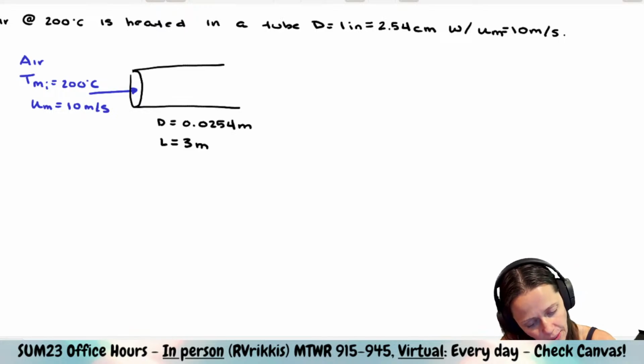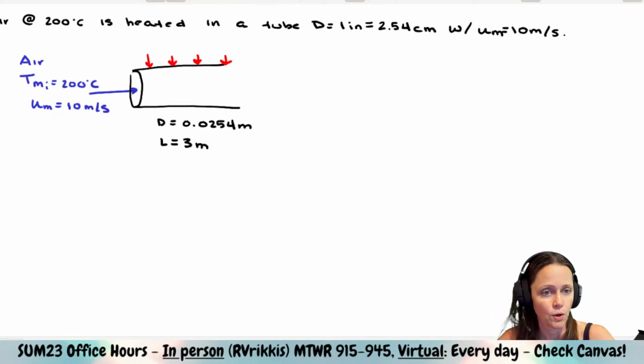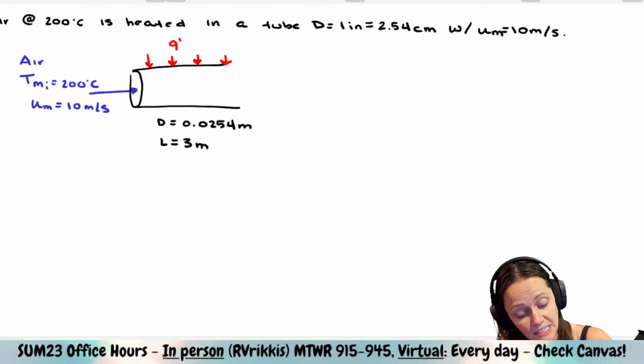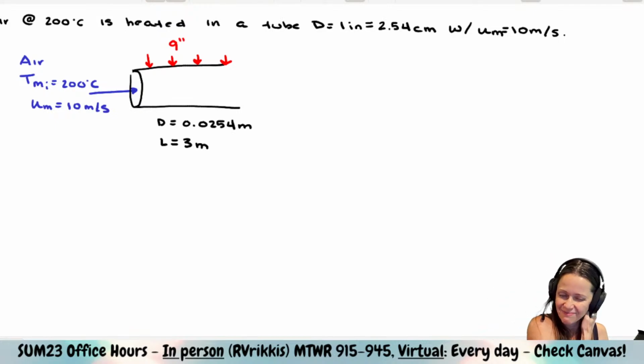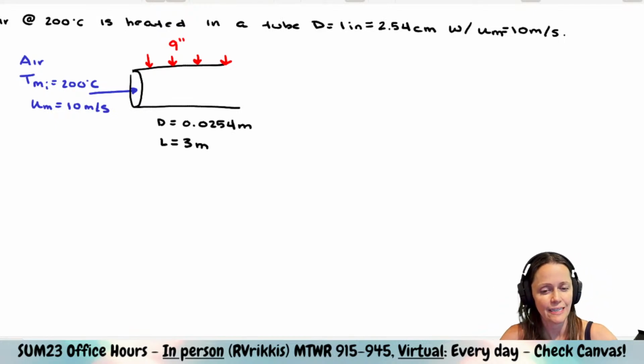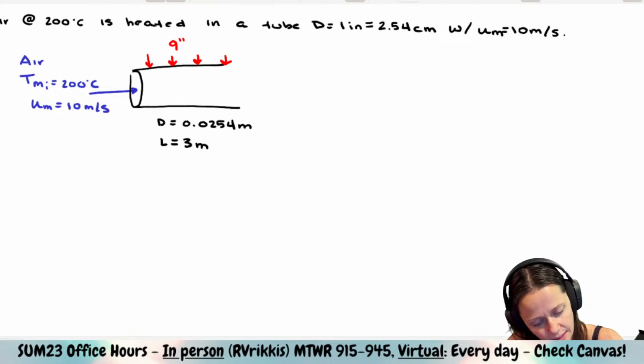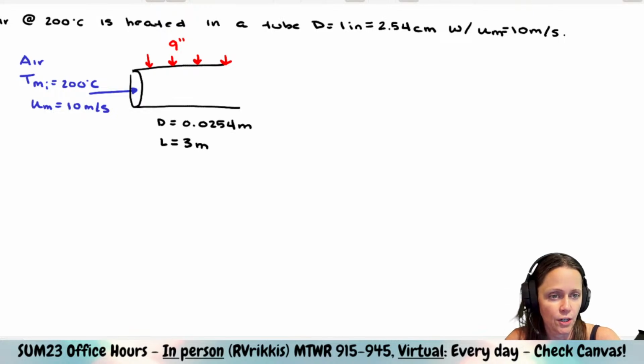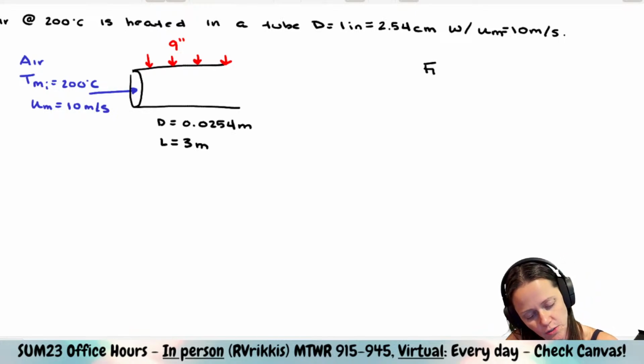And we have a constant surface heat flux. So I don't know what that is. Suffice to say that it's constant. All right. And we want to find the heat transfer per unit length.